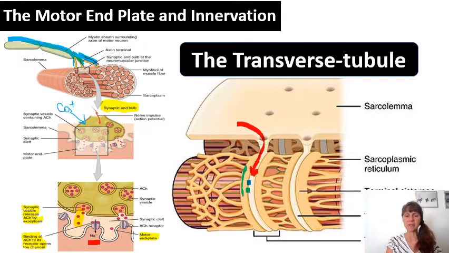When the shape of these proteins change, the shape change of the protein embedded in the terminal cisternae allows the release of calcium ions from the sarcoplasmic reticulum into the sarcoplasm. So now calcium gets released into the sarcoplasm.